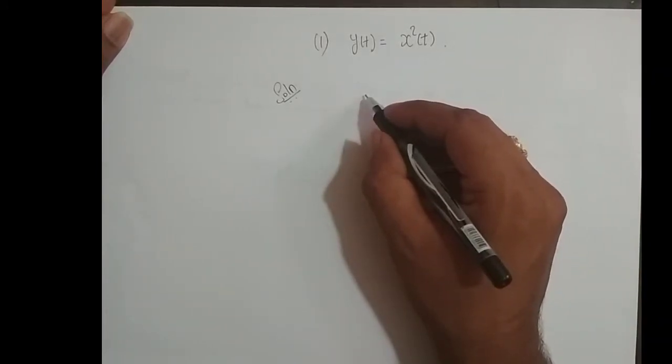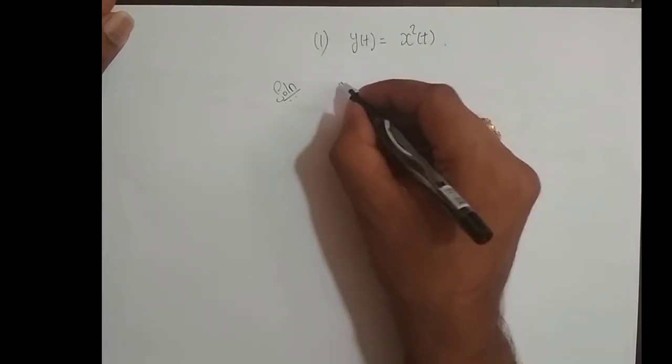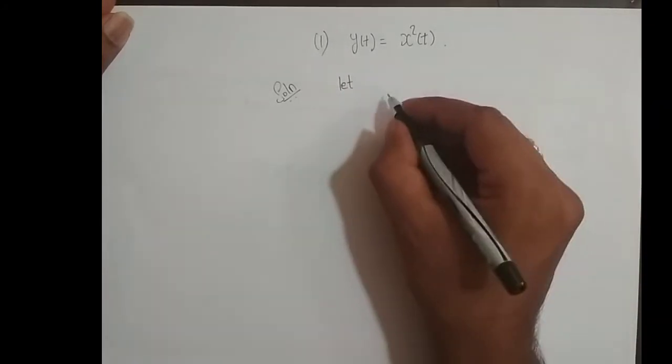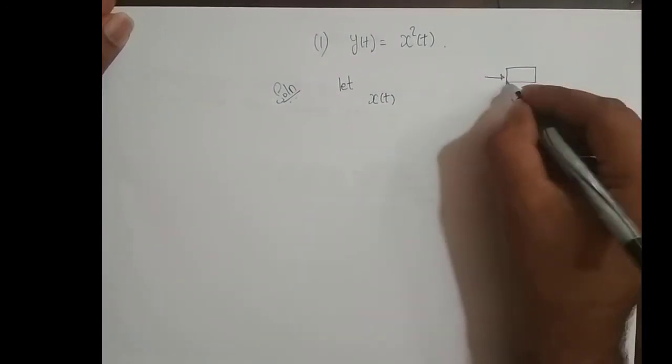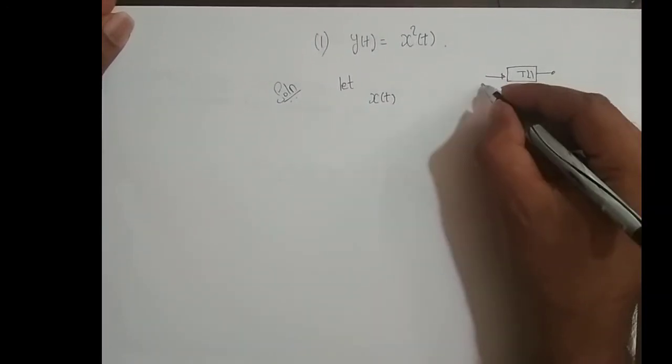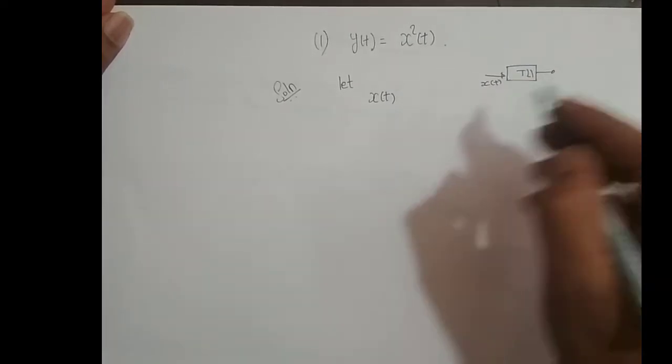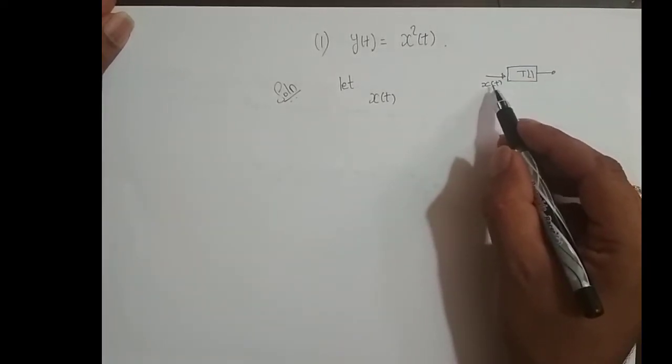So what's the definition of stability of a system? For every bounded input, I should get bounded output. Then only I call that system stable, right? Let x(t) be the input to the system. Whatever input I am feeding to the system, I am assuming that it's bounded.